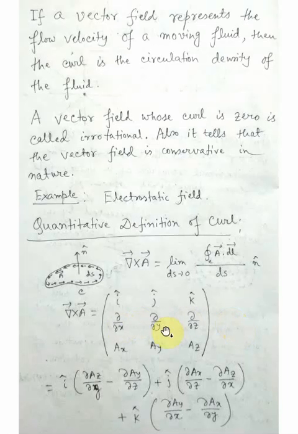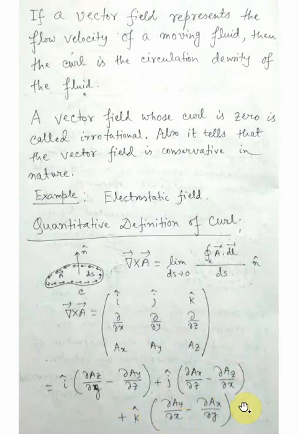So that we are putting here. Now this is very simple. So I cap (del az del y minus del ay del z) plus j cap (del ax del z minus del az del x), plus k cap (del ay del x minus del ax del y).